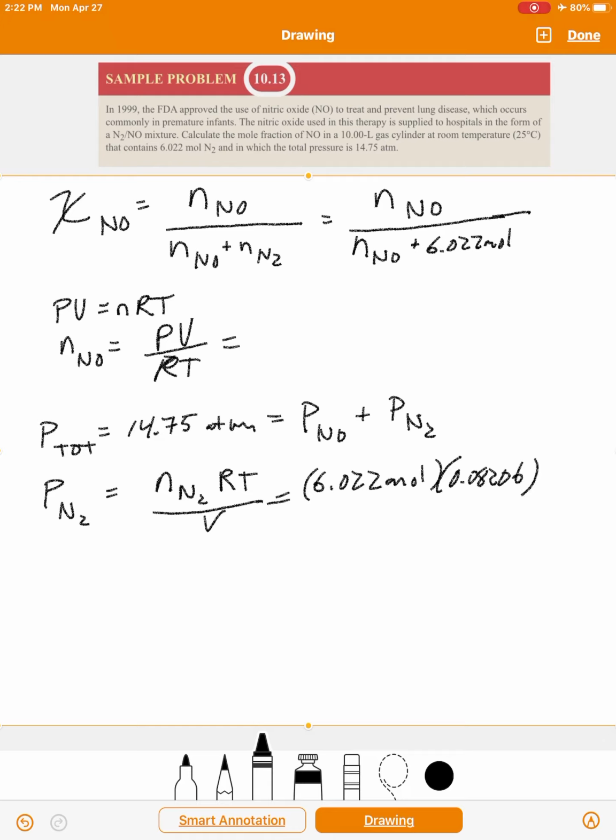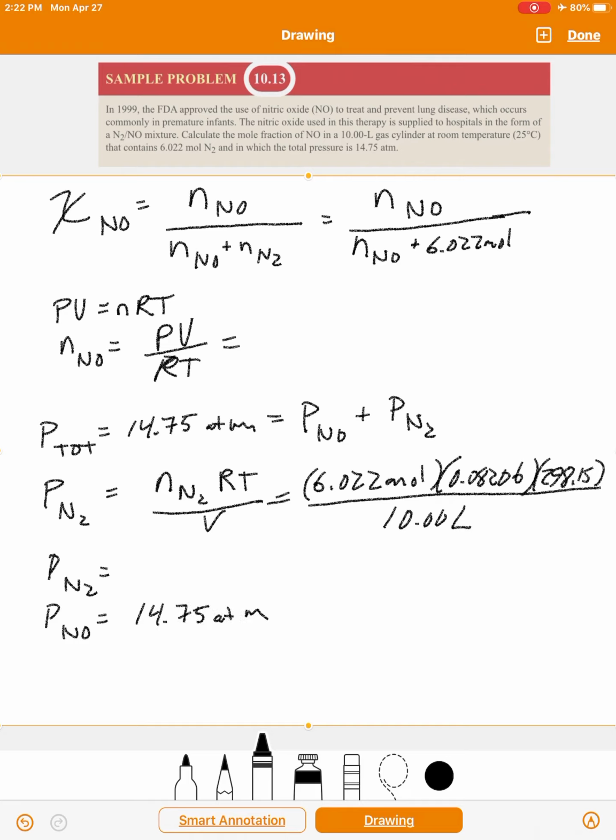So there's your R, and then your T, they tell us 25 degrees Celsius, so that's 298.15 Kelvin. So nRT divided by 10 liters will give us the pressure of N2. Once we get the pressure of N2, the pressure of NO is the total pressure minus the pressure of N2.